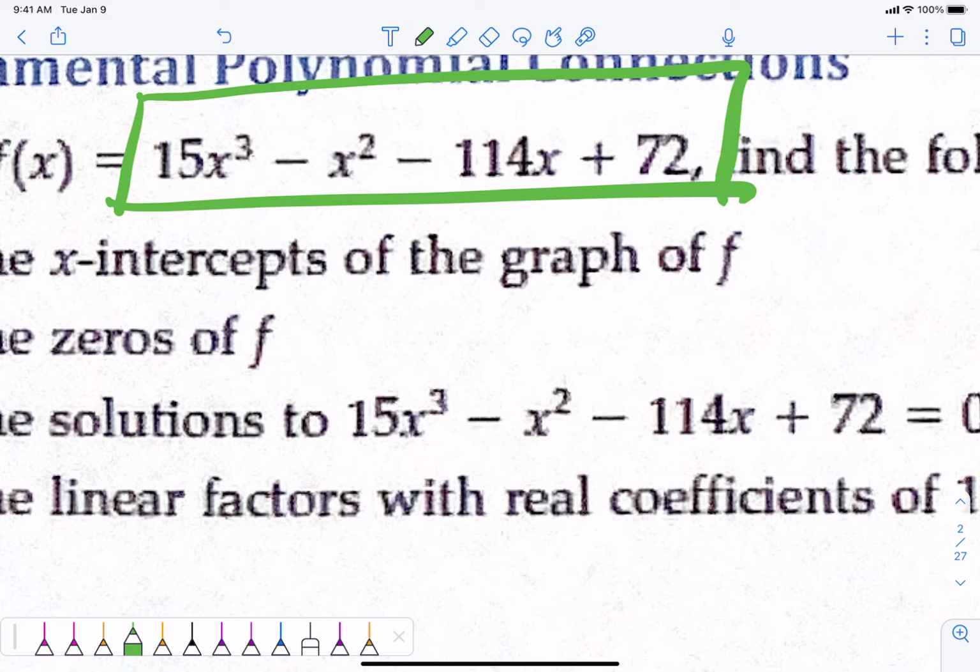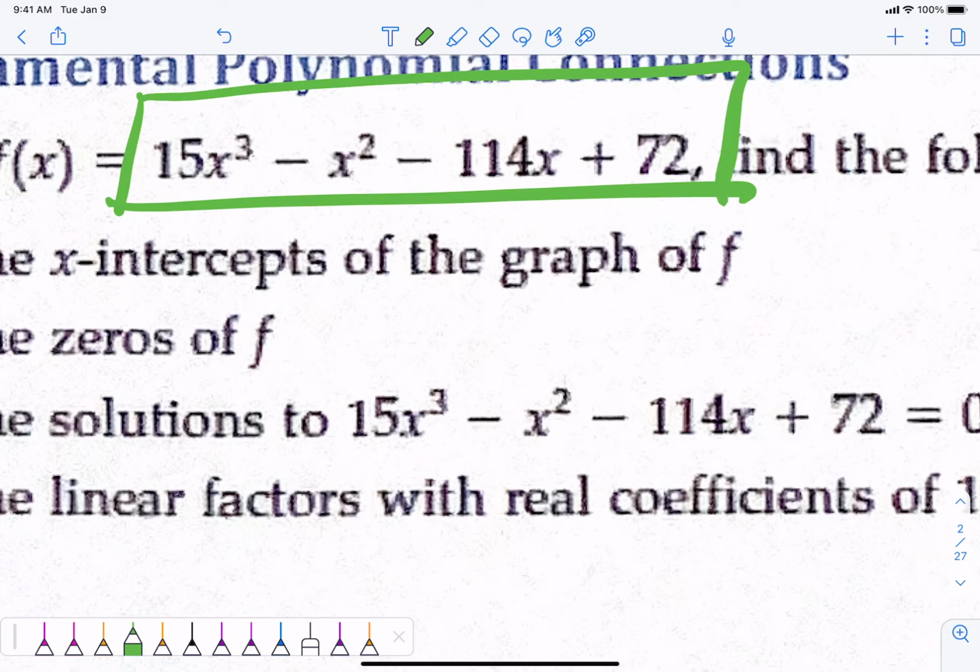Y equals. Okay, clear everything else out. Where's the charger? Plug him in. Just wait and I'll help you here later. 15x to the third minus x squared minus 114x plus 72.